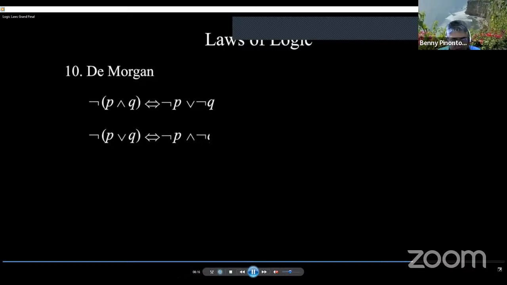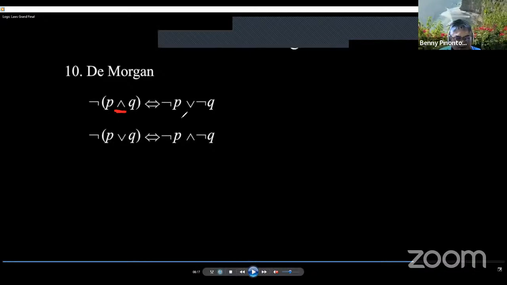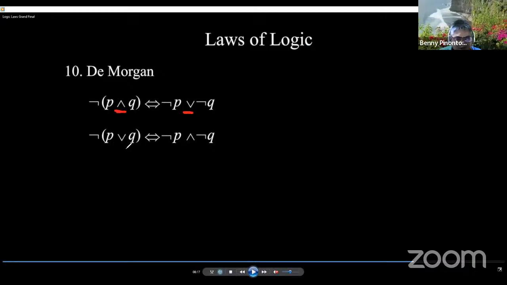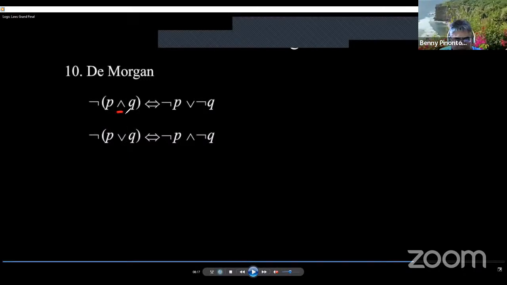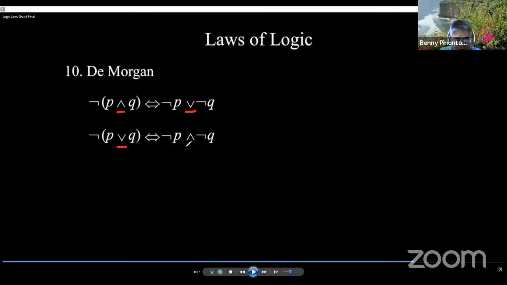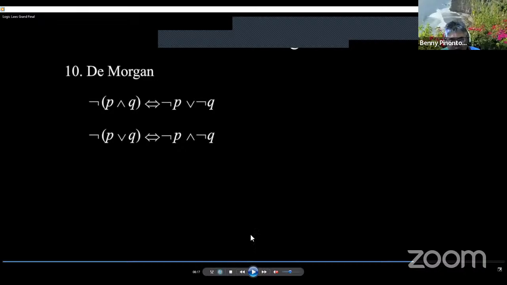See here? Again, this one becomes OR and OR becomes AND. Pay attention that the operation changes. So that's how you memorize those things. These are very important, very useful.